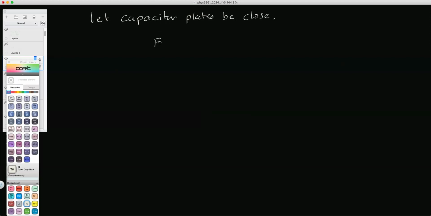Then I know what the electric field is. If I'm really close, it's just 1 over ε0 σ, the charge density, right? We've seen this before, n hat. And then I can write, well, that's just 1 over ε0, the charge over the area, right? That's what σ is.